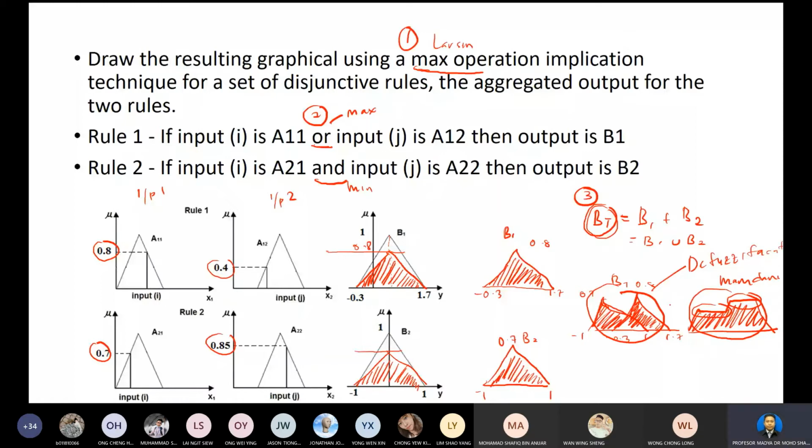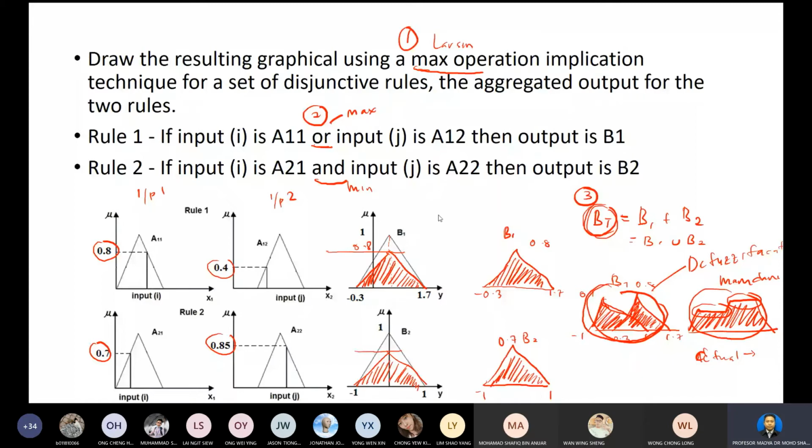After we get the inference engine and compare with the rules here, we get the B total. The last part, we have to use the defuzzification technique to get the last output, the actual value that goes to our system. That's why today we go for the defuzzification.